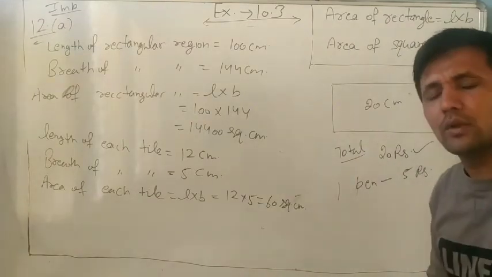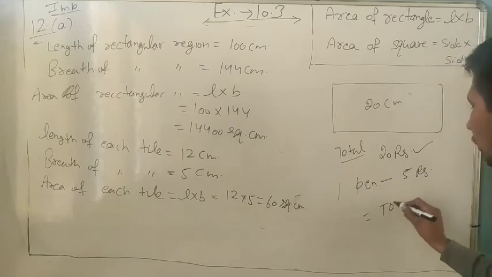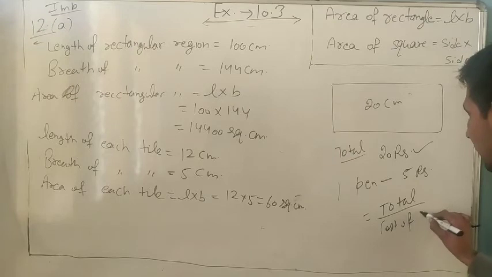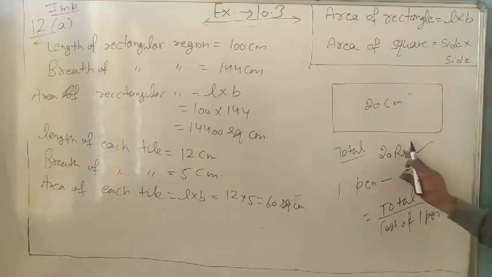So how many pens can you buy? We find total rupees divided by cost of one pen. 20 divided by 5. How many pens? 4.